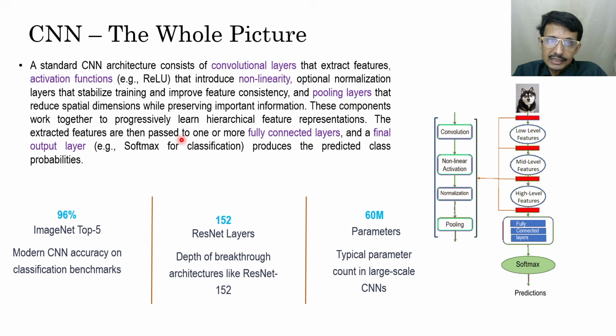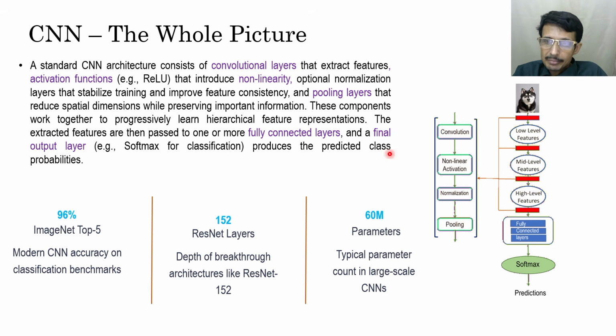The extracted features are passed to the fully connected layers and the final output for softmax classification. So as a whole, you can say the accuracy or the performance of this is very high. On ImageNet, ResNet has 152 layers and 60 million parameters.